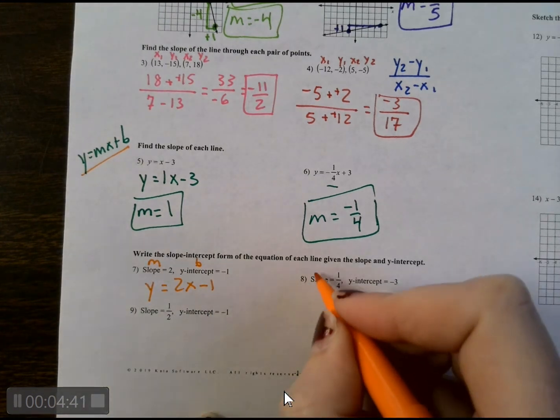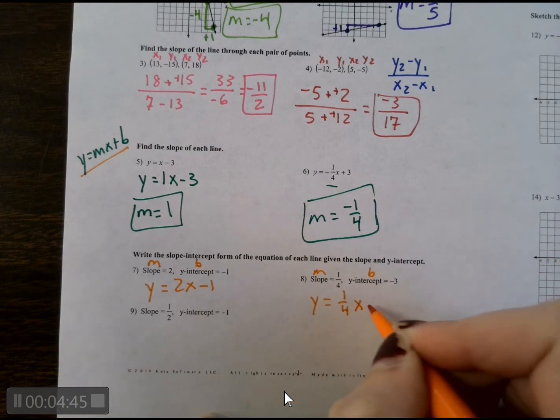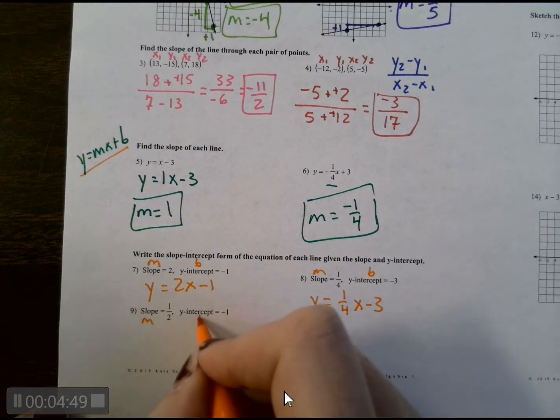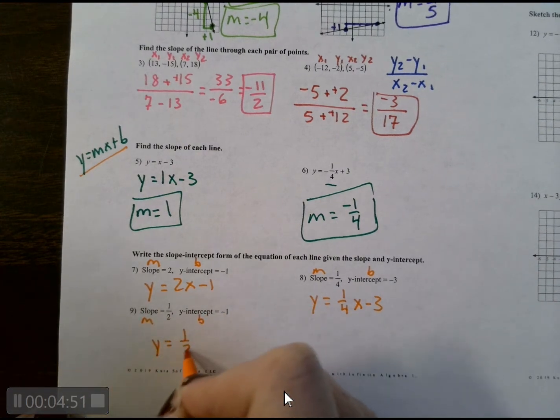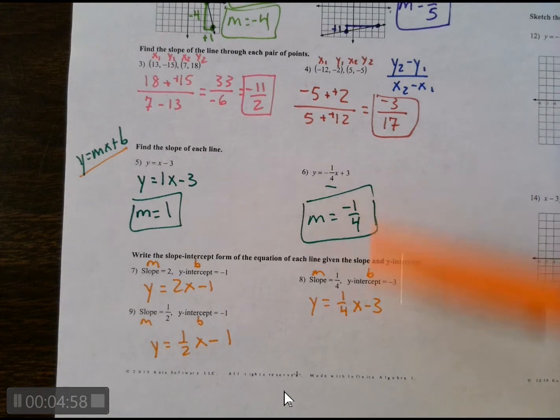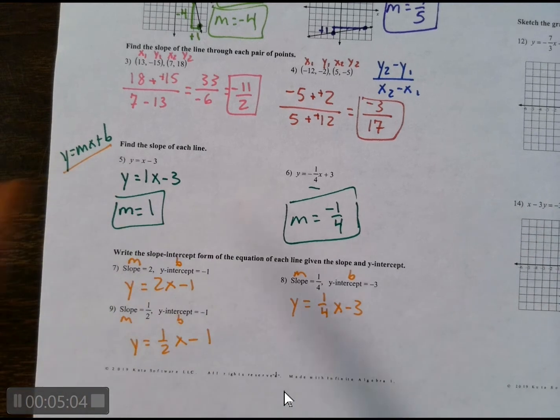Next one. mb. So y equals 1/4 x minus 3. Next one. mb. So y equals 1/2 x minus 1. Okay? So, if nothing else, you should get these two right. They are super easy, and I believe in you guys, and you will be given this equation, okay?